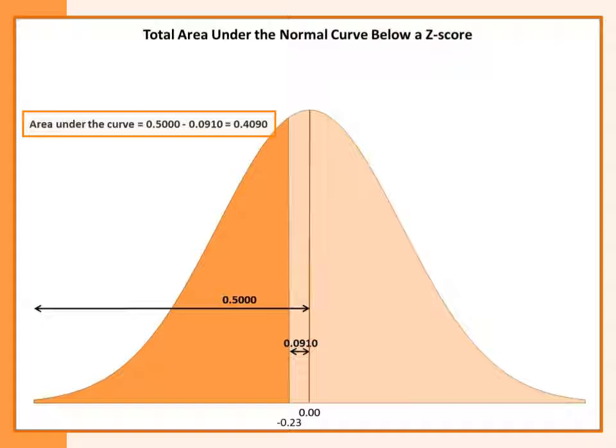So we'll take 0.5000 and subtract from that 0.0910, and that results in a value of 0.4090, which indicates the area under the curve below a z-score of minus 0.23.